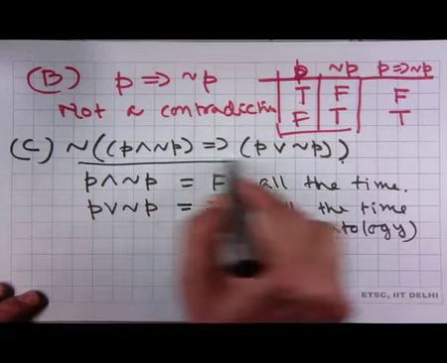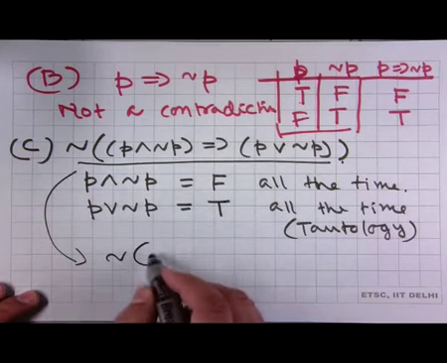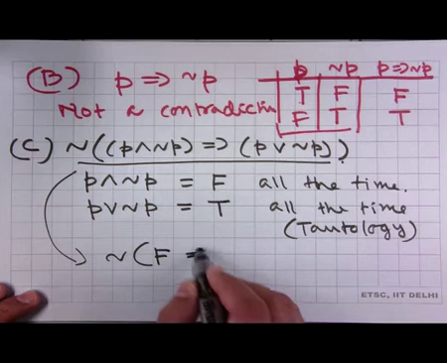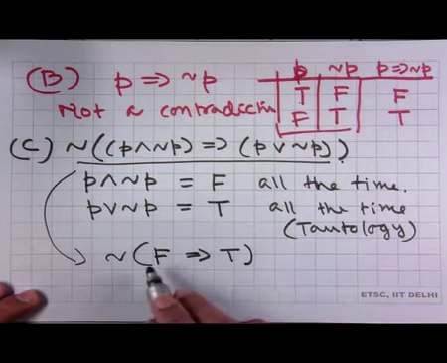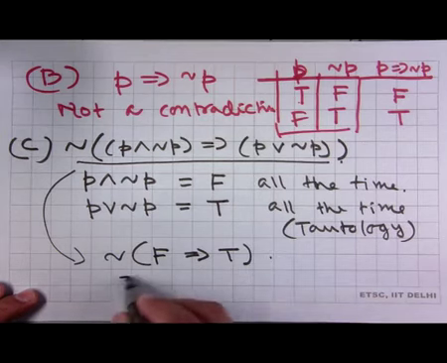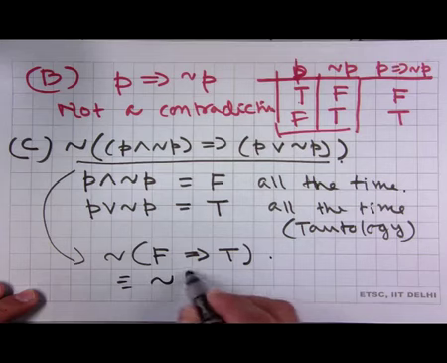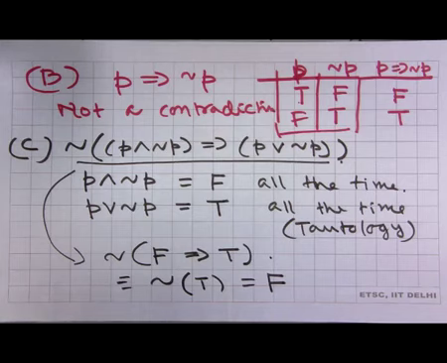Therefore, the whole thing boils down to not of false implies true, and we know that false implies true is true. Therefore, this is equivalent to not of true, which is equal to false. Therefore, this is a contradiction.